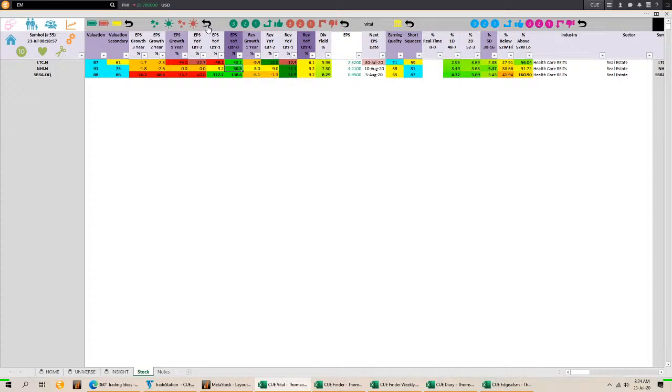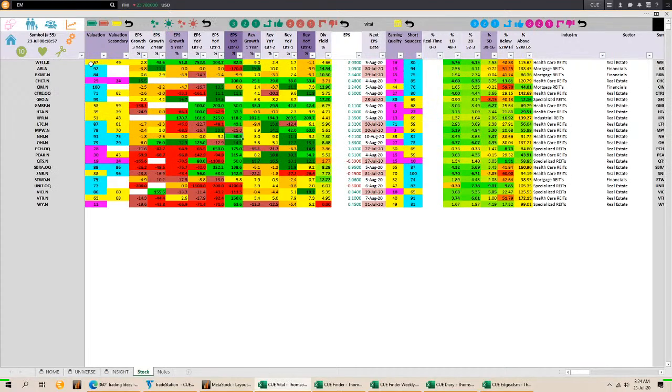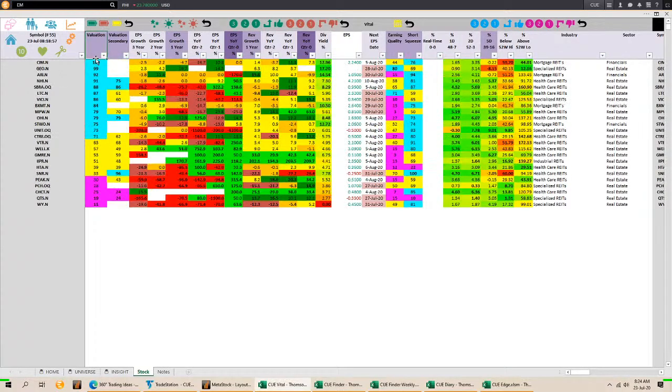I don't need to click the reset button anymore for this group. I may just click the single green button and now you can see we have all the undervalued stocks with excellent earnings growth. That is a small change but very useful, I find, for all the smart filters.